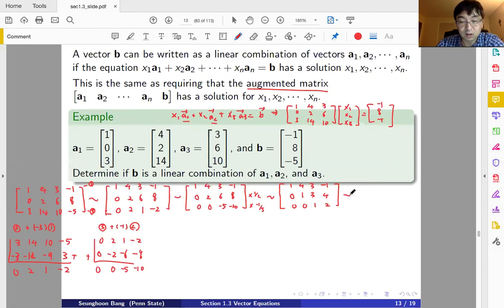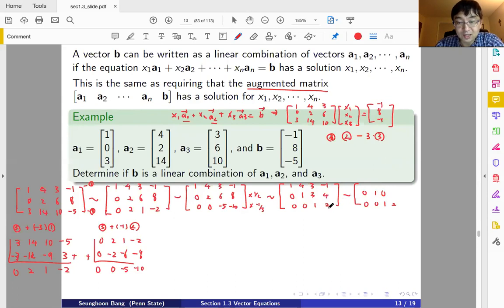How can you do that? You have to keep the bottom one. The second row plus negative 3 times the third row. For the second row, keep 0, 1. The 3 minus 3 is 0.